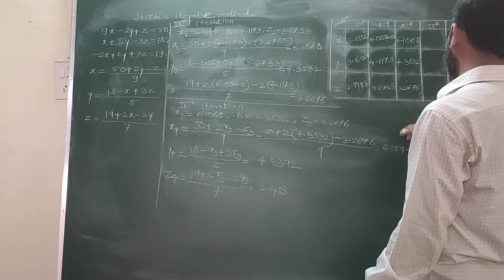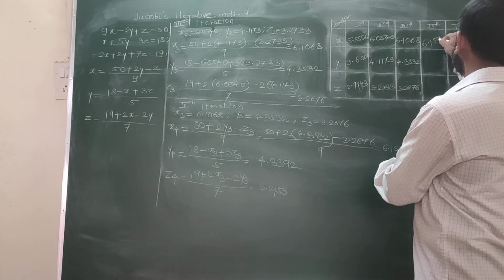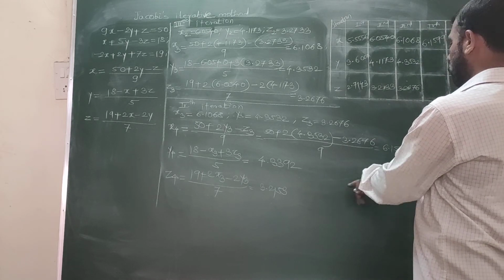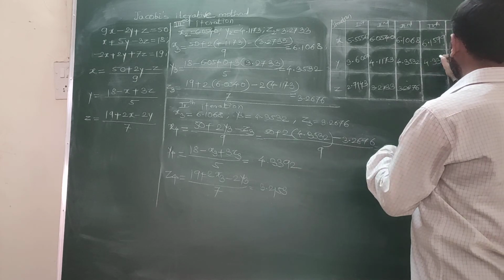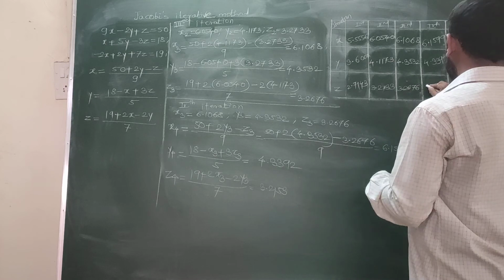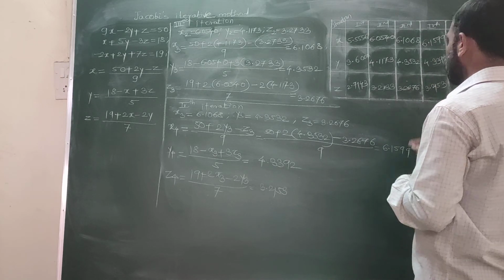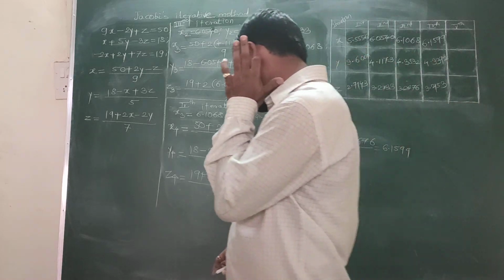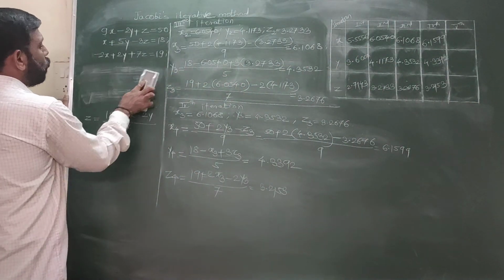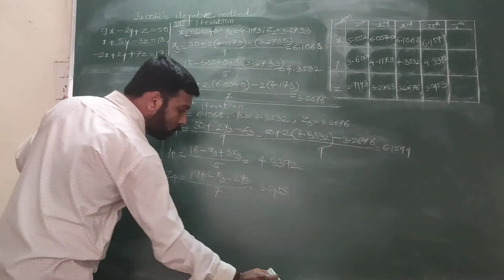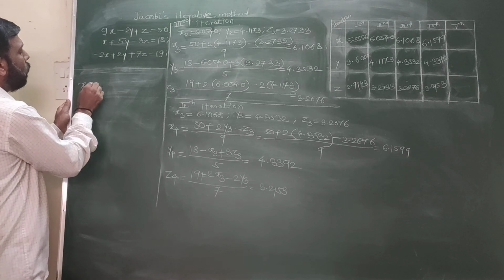So x4 is 6.1599, y4 is 4.3392, z4 is 3.2153. Now I have calculated this problem up to the third approximation, the fourth iteration. The last column values we declare here; these are nothing but the values of the unknowns.